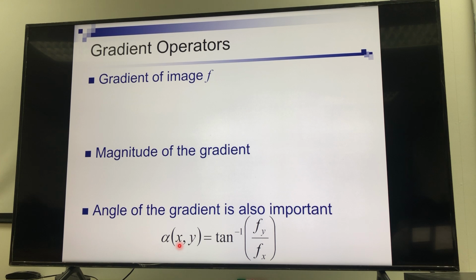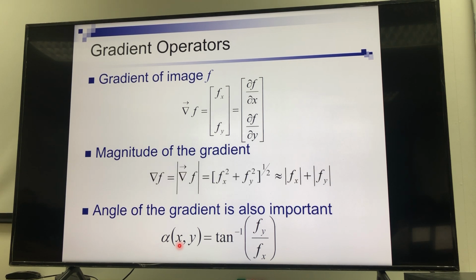Gradient, like I used to say, is actually a vector. It has a gradient in x and a gradient in y. A lot of times, instead of just finding the gradient in x and the gradient in y, we find the magnitude of the gradient. The magnitude of the gradient is the square root of fx squared plus fy squared.